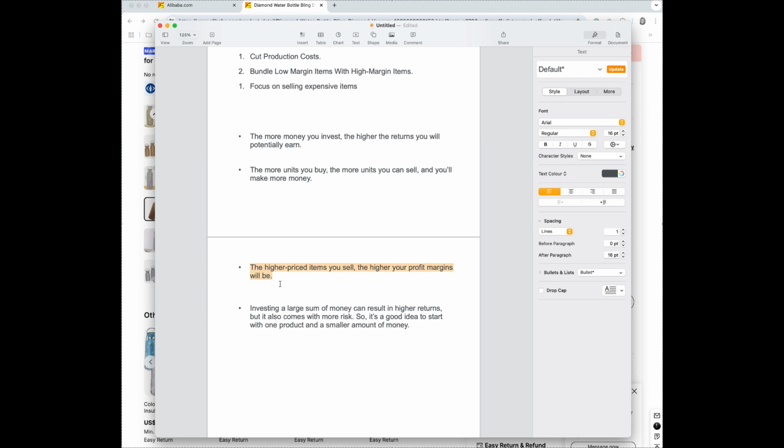Then, the higher price items you sell, the higher profit margins? Not always, because higher price means you bought it for more. You would need to adjust the prices with your profit margins, right?